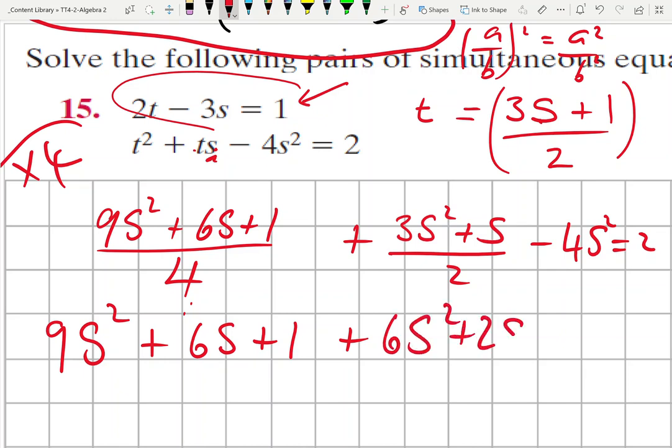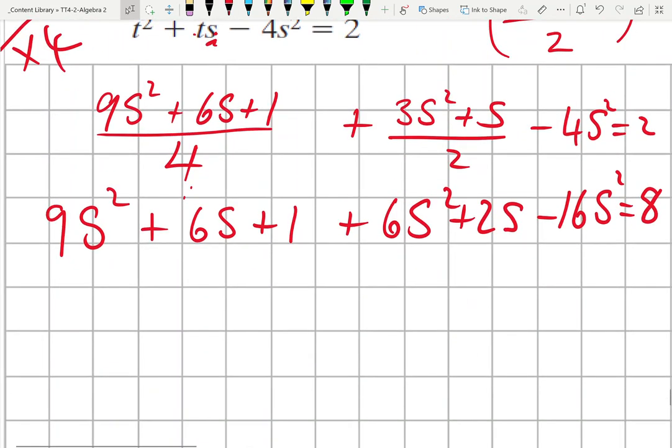9 and 6 is 15. Okay, so let's keep left for a minute. 6 and 2 is 8. 1 subtract 8 is 7.